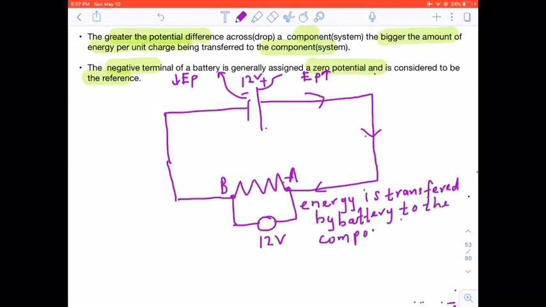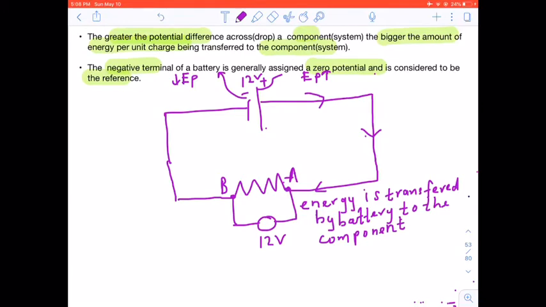In this case, we've got a resistor, and it could be a kettle.